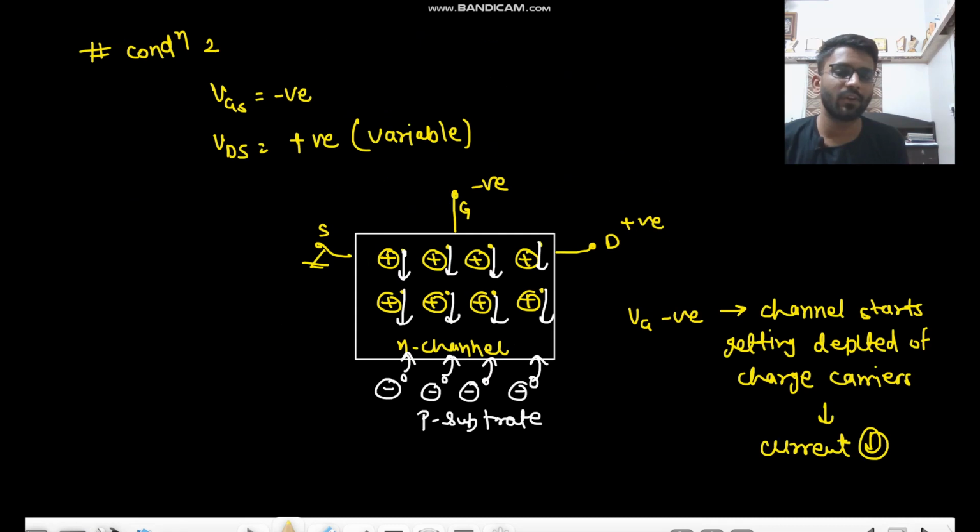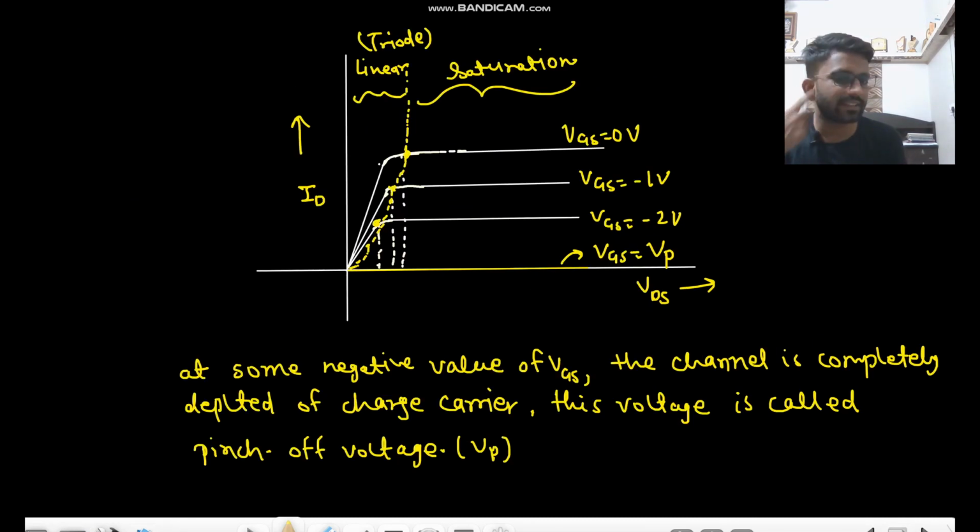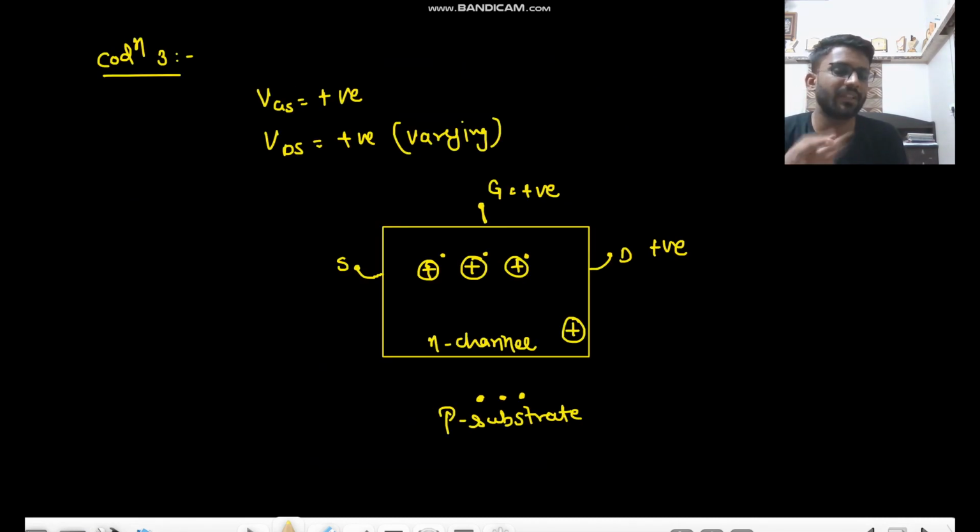Now this P substrate has some minority charge carriers that are electrons. These electrons will get attracted by this potential, and this is just a positive ion. It doesn't have any electron. So this electron will go to this positive ion.